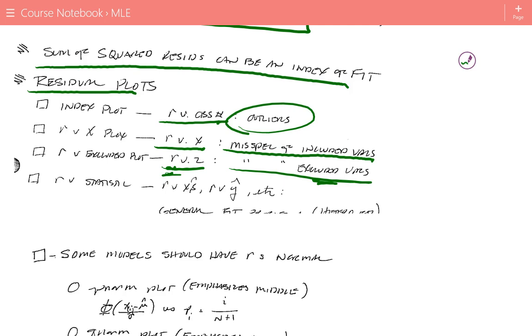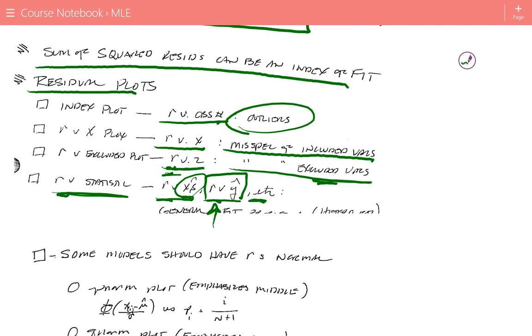You can look at the plots with respect to various statistics. So you can look at the plot of the residuals with respect to the linear combination of x betas, assuming that you have such a linear combination in your model. You can look at it with respect to y hat. This one is extremely common, very good to use. And other such statistics if you want.